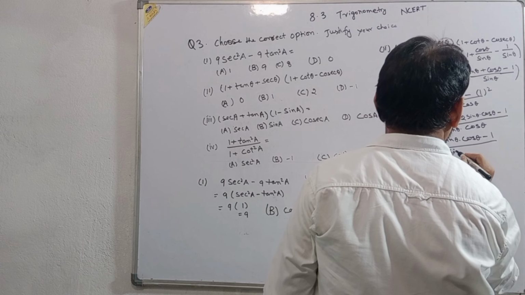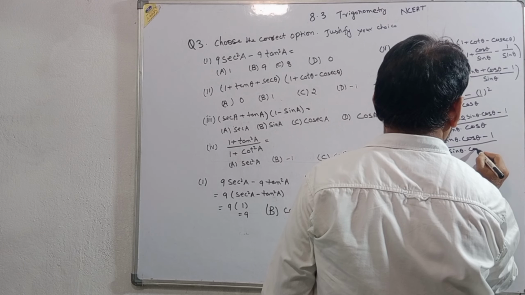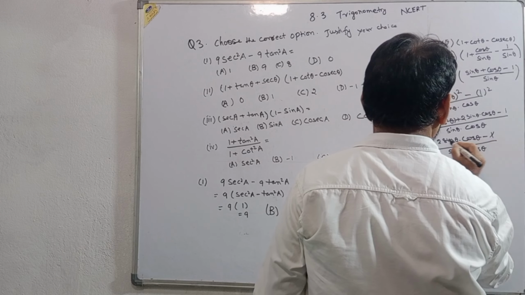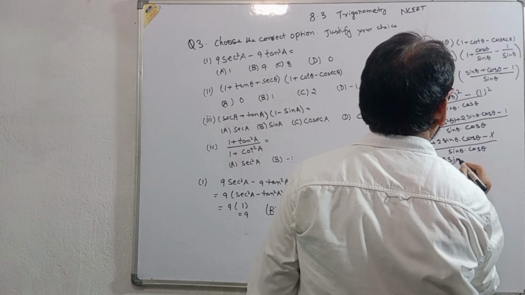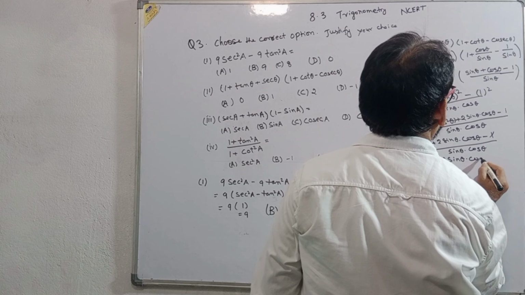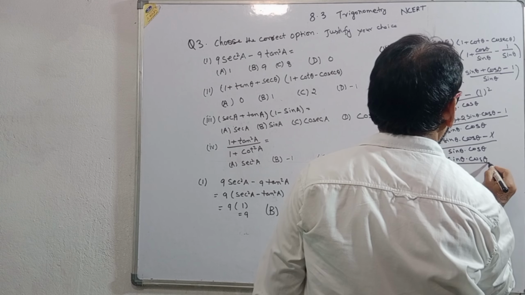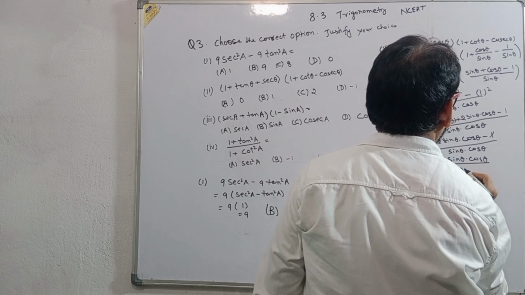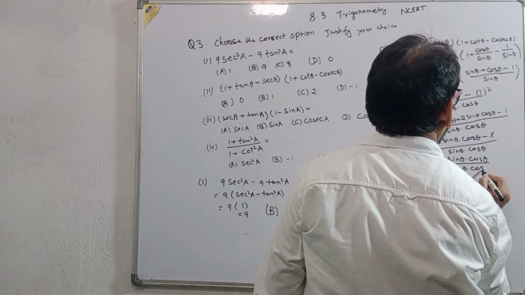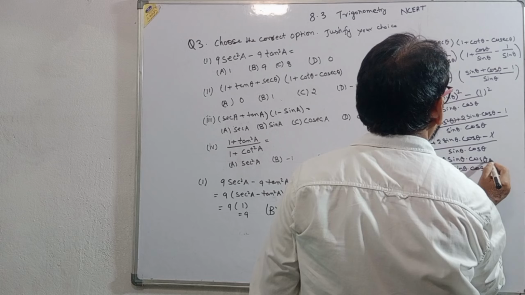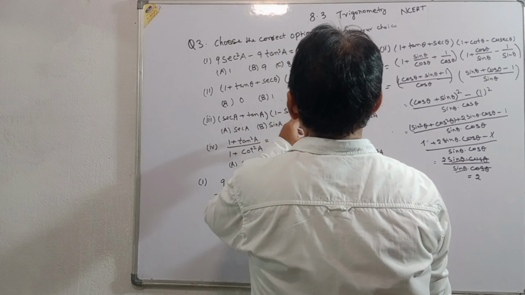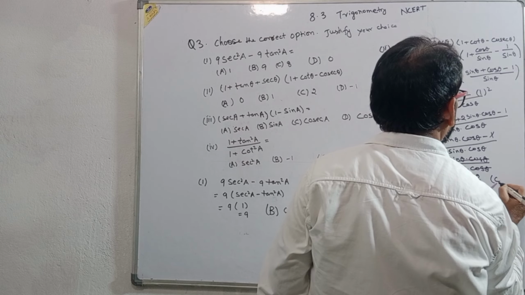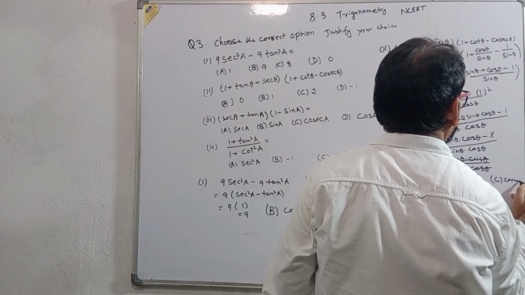Here the 1 cuts. 2 sin theta cos theta divided by sin theta cos theta, cutting here. Now the answer is 2. Option C is correct.